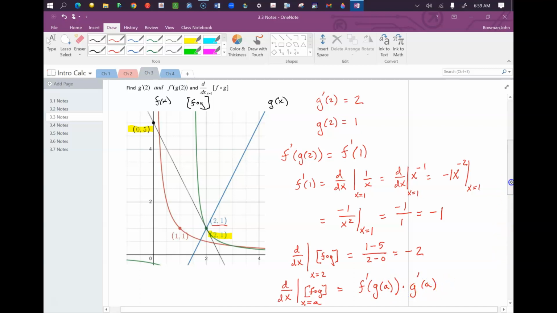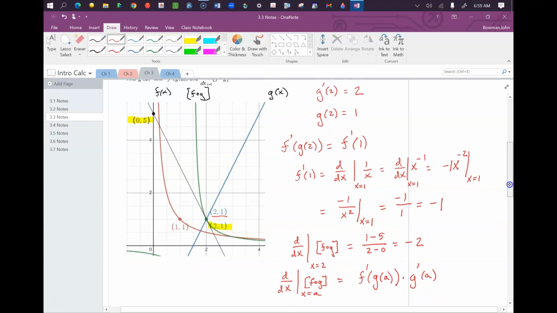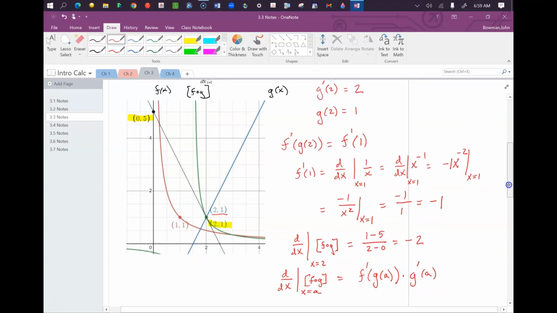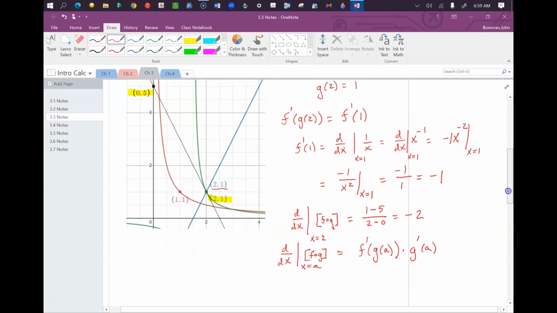Now you may be thinking, okay, well, how can you show me that? Let's try that at x equal 2. The derivative with respect to x at x equal 2 of the composition f of g should be equal to f prime at g of 2 times g prime of 2.